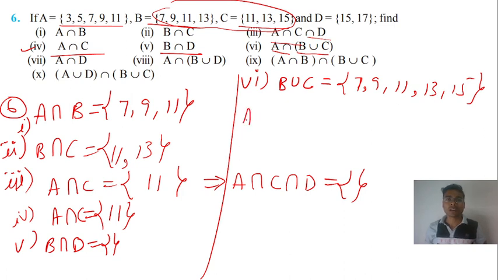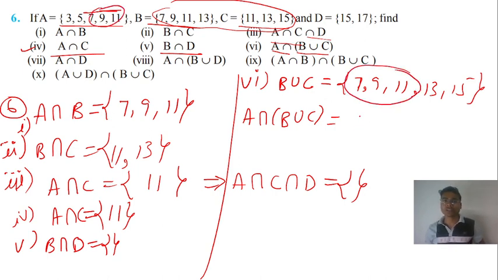Now we will have to find A intersection (B union C). Okay, so what are the elements common of B union C with A? Okay, 7, 9 and 11 are three elements which are present in A and present in set B union C also. So we write {7, 9, 11} as the answer.